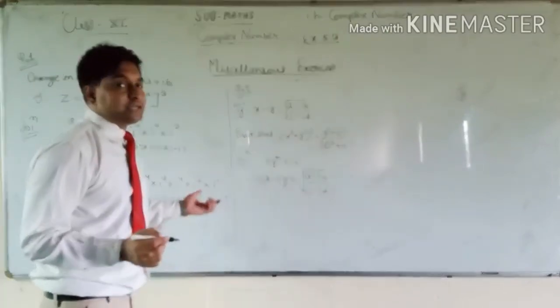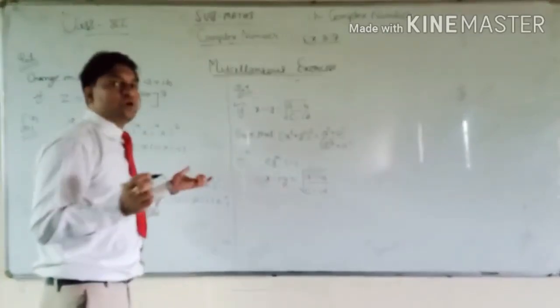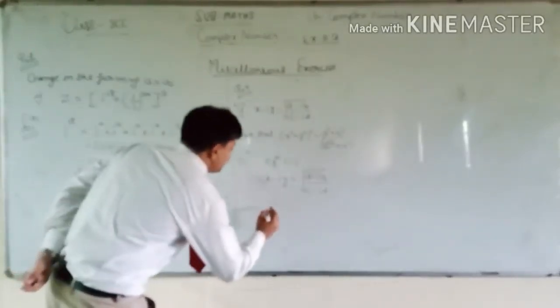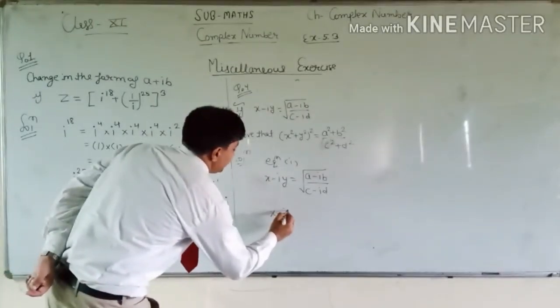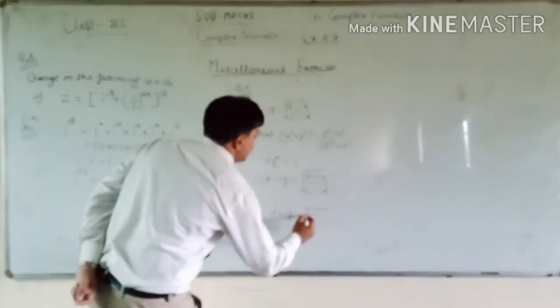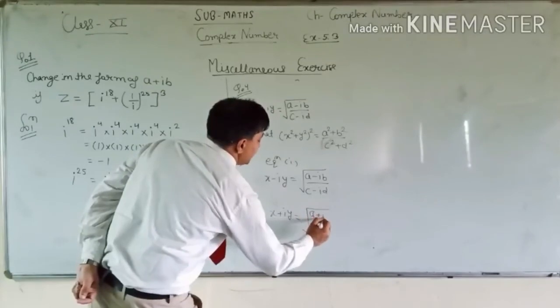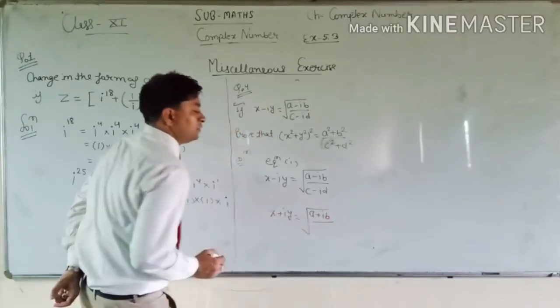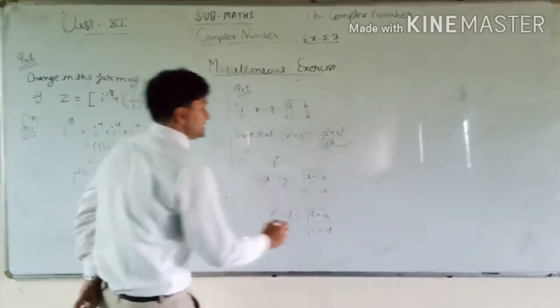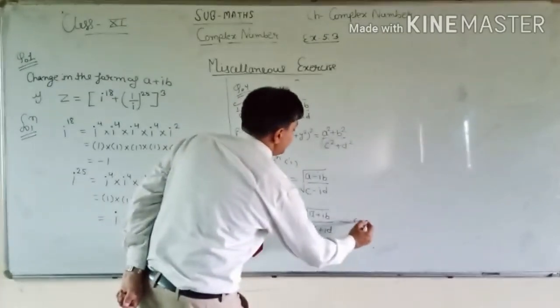Now we can change the sign of iota. This is x plus iota y equal to under root a plus iota b upon c plus iota d. This is the second equation.